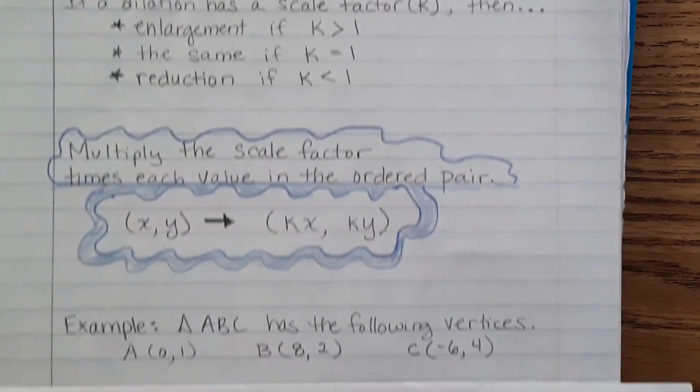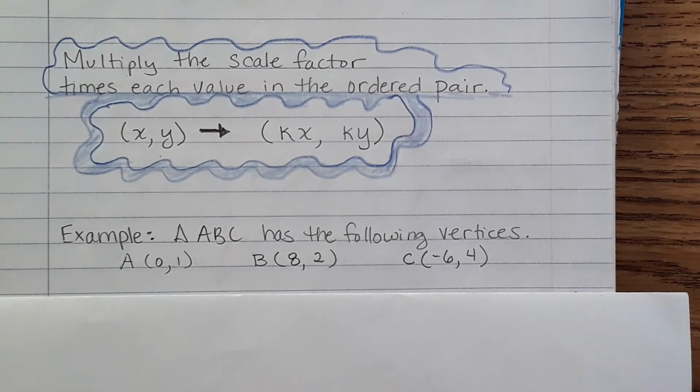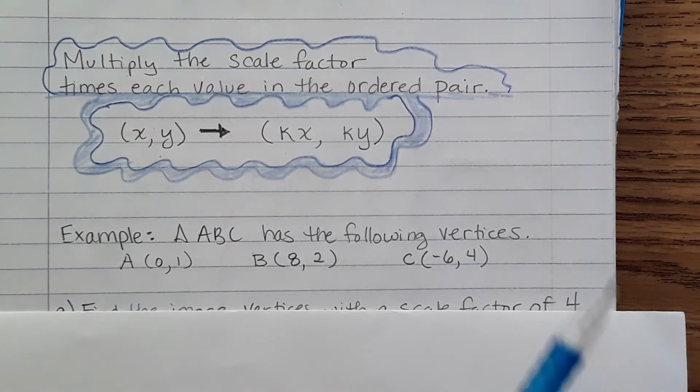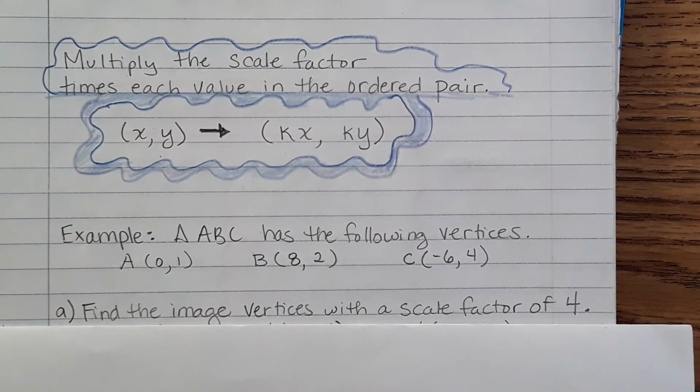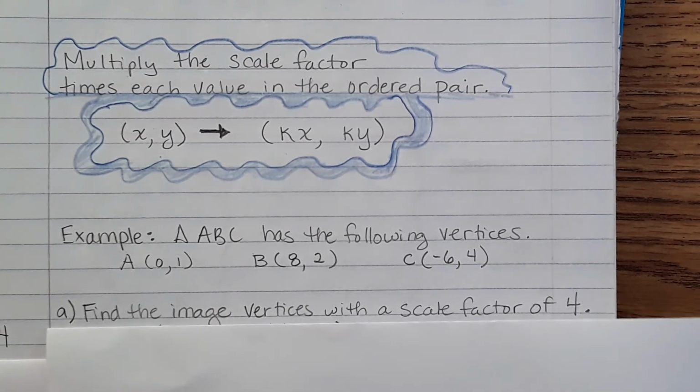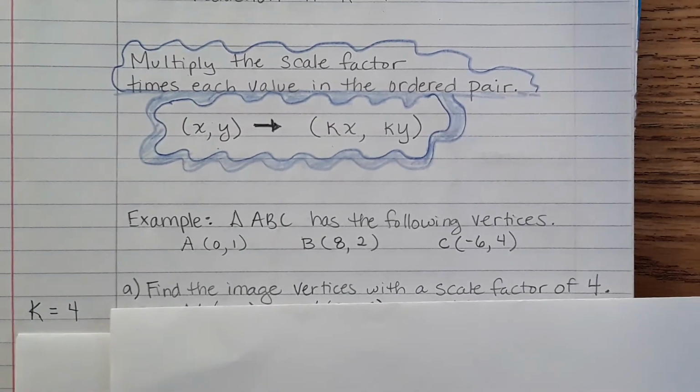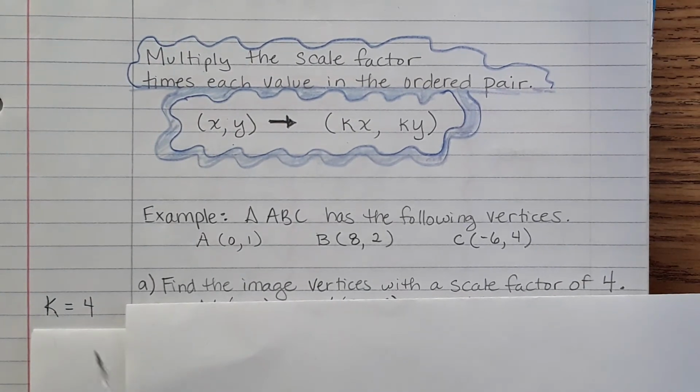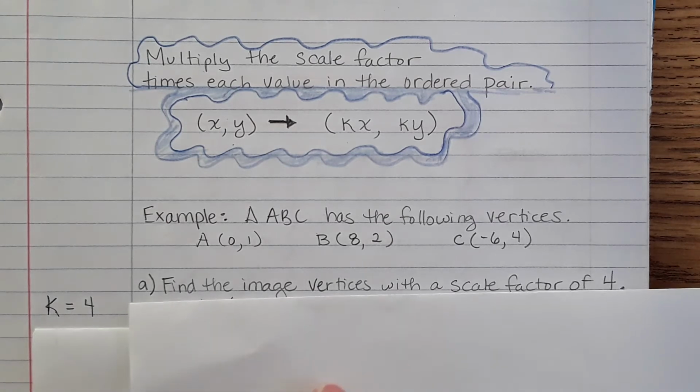We have triangle ABC with these following vertices. We're going to find the image vertices with a scale factor of 4. So remember, the image is after the change. And if the scale factor is 4, that means k equals 4.